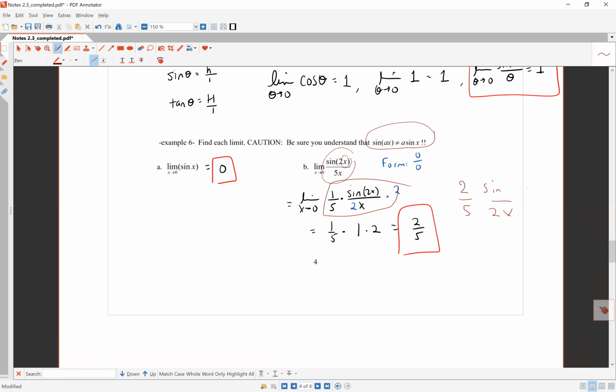So now we have sine of 2x divided by 2x, and as x goes to 0, this part goes to 1.